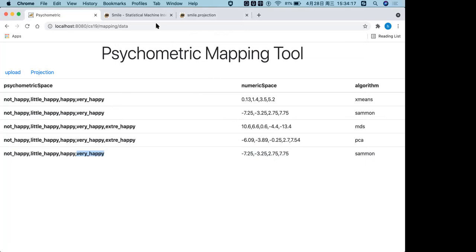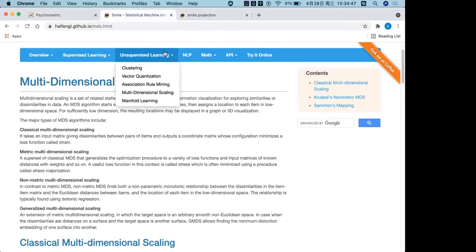Okay. And how do you know this result is correct or not? We follow the functions here.